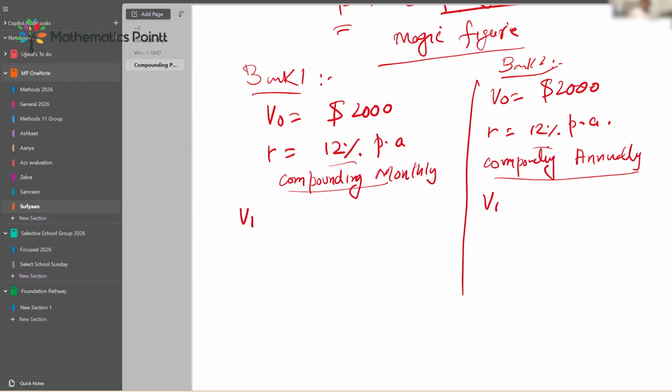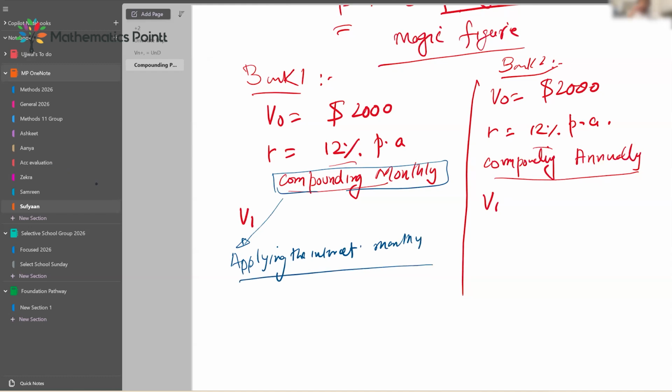In very, very layman terms, compounding monthly means applying the interest monthly.